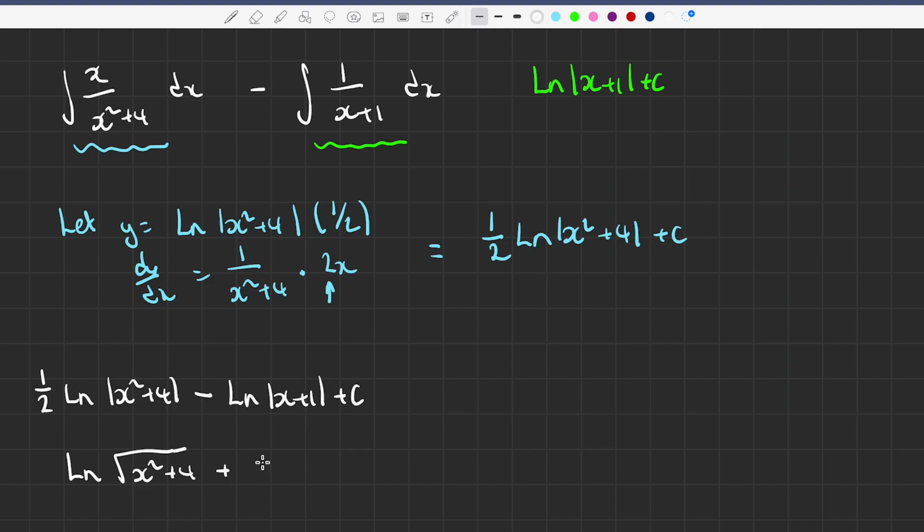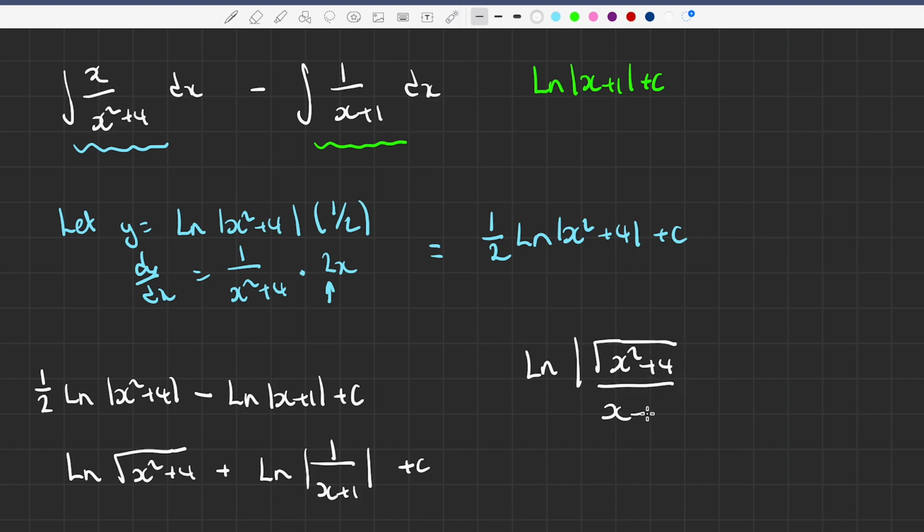So this becomes positive, the natural log of 1 over x plus 1, plus a constant term. So finally, we can use the multiplication rule of logs and put these two together. So we get the natural log of the square root of x squared plus 4 divided by x plus 1, plus the final constant term.